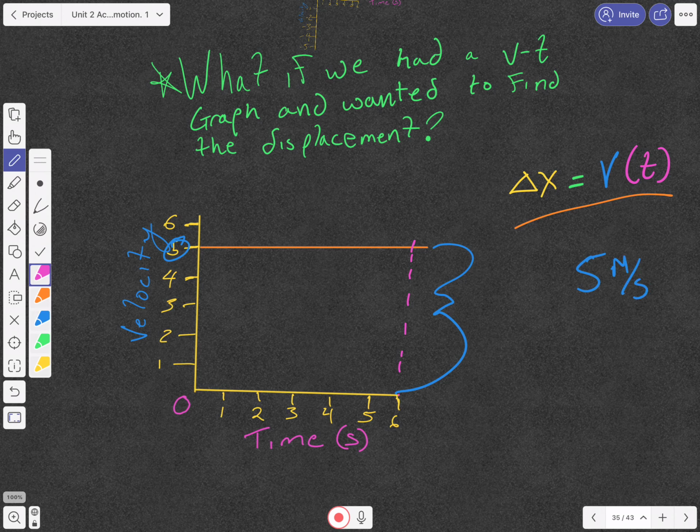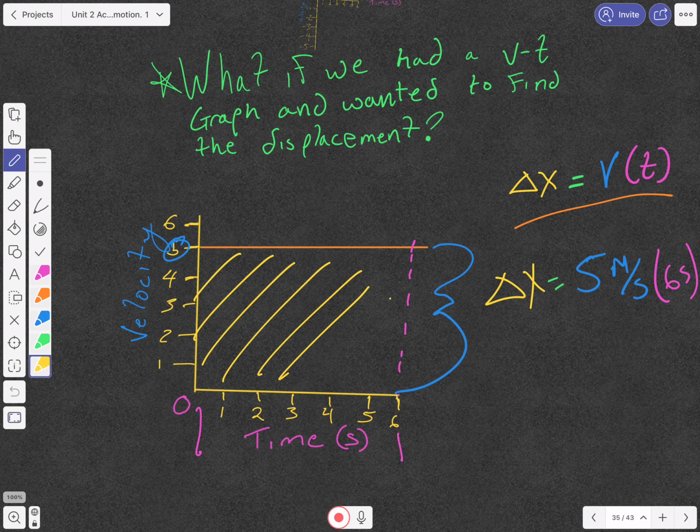And then our time is going to be, we start at 0 and go to 6 seconds. And that is going to be equal to our delta x, which incidentally is going to be the same value that you would find if you thought of this as a rectangle.